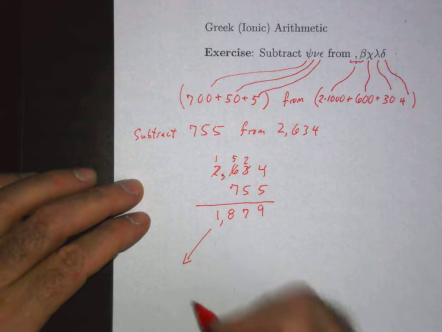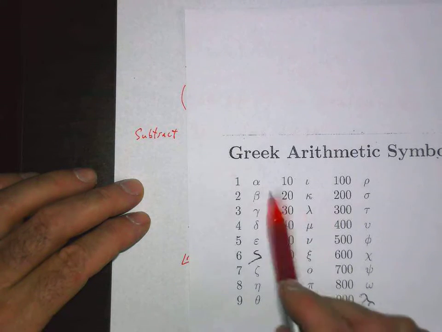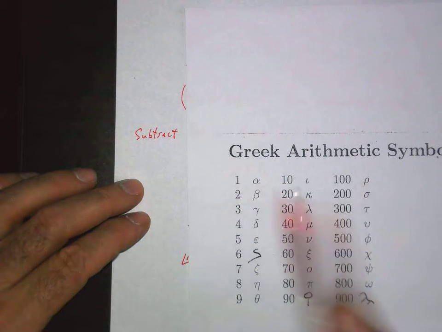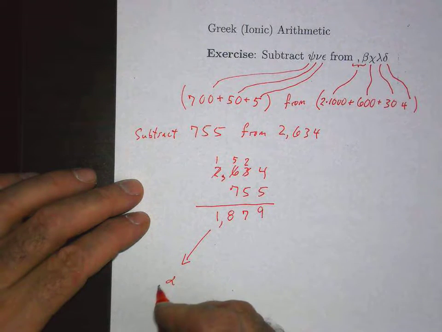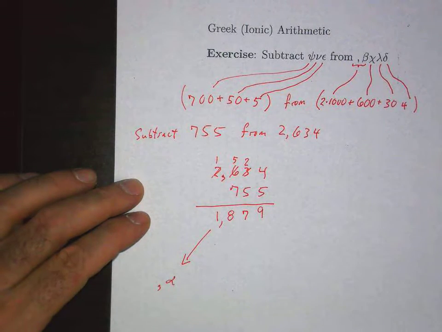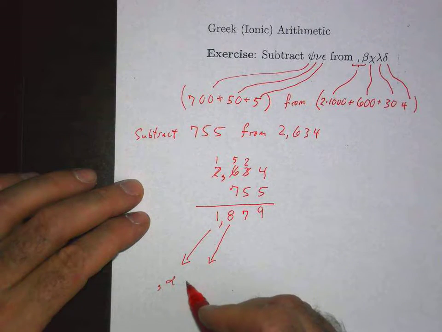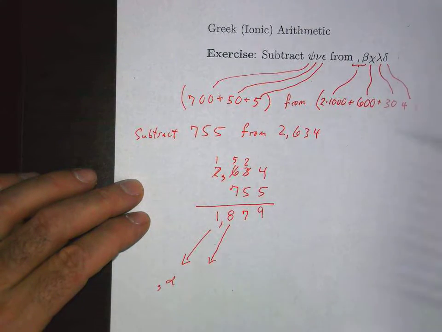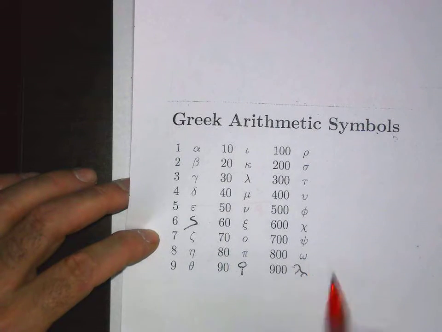1,000. Well, I think the way the Greeks would do this is they'd take 1 and multiply it by 1,000. So what's 1? 1 is alpha. So we're going to take an alpha and put an accent mark to the left. And now we have 800. What's 800? 800 is omega.